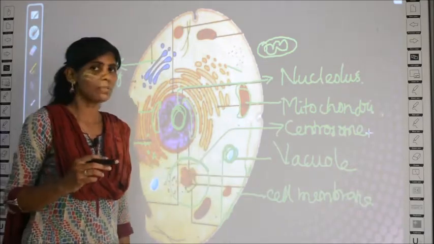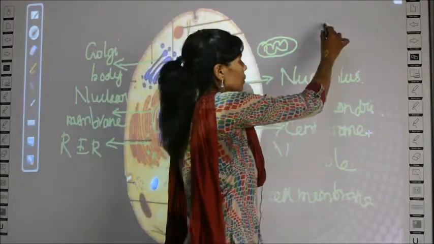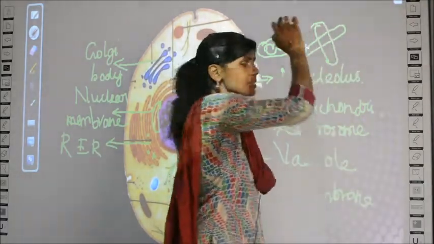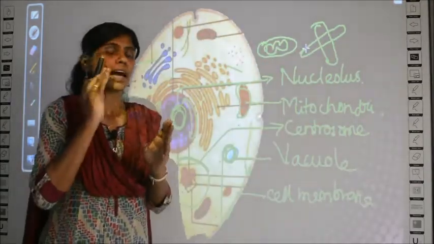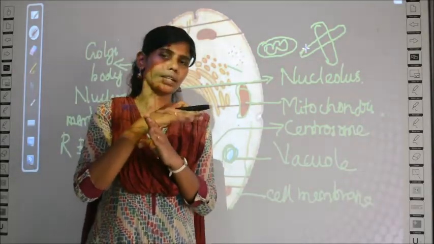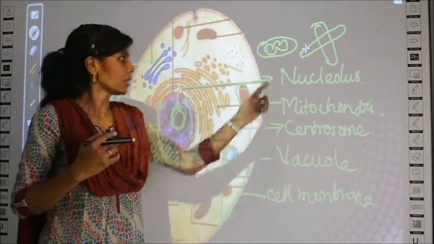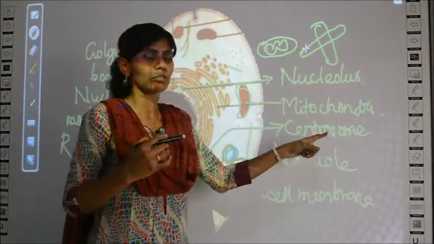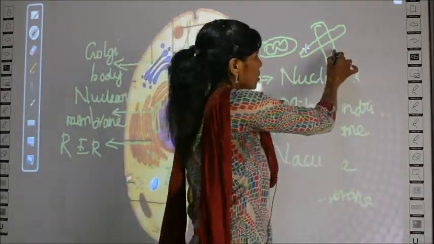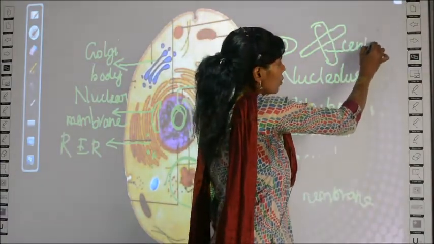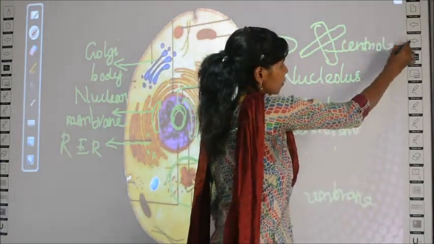A centrosome is a structure with two centrioles. There will be two structures like this, which are at right angles to each other. Right angles means at 90 degrees they will be facing each other. So together it is called centrosome, and each structure, these are cylindrical structures, is called a centriole.